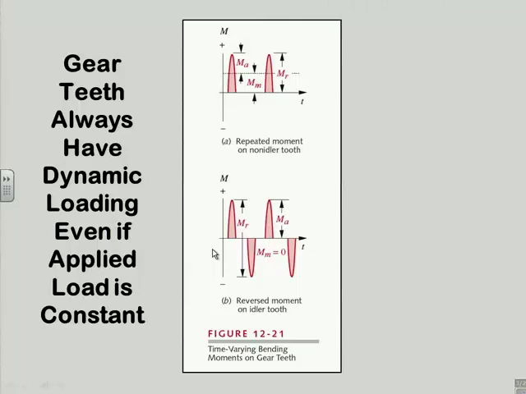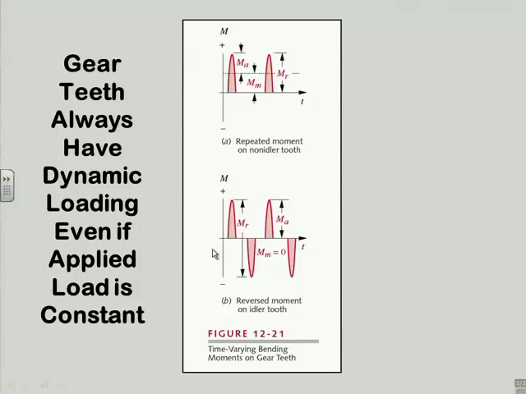Now, if I have an idler, you recall an idler is a gear in between 2 others placed there primarily to reverse direction, and since it doesn't affect the ratio of the gear train, it's considered an idler. It's not doing any useful work. It's just turning the output around in the other direction.